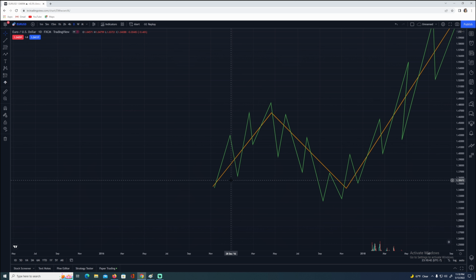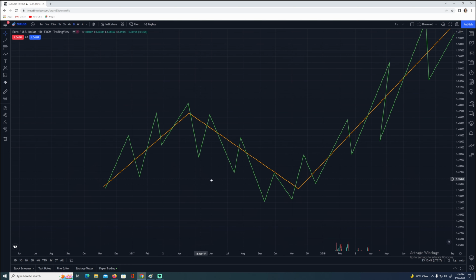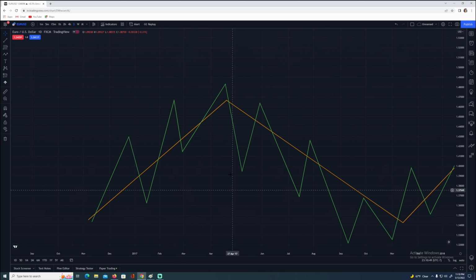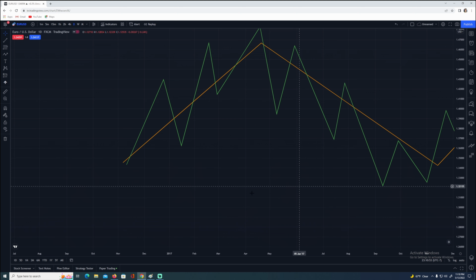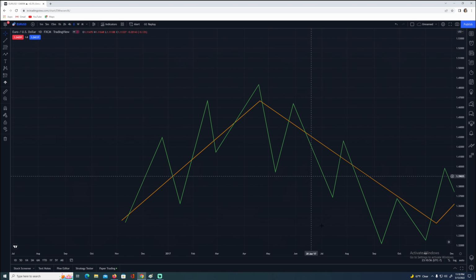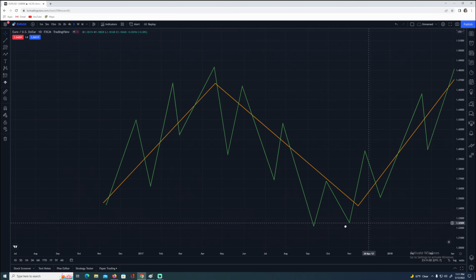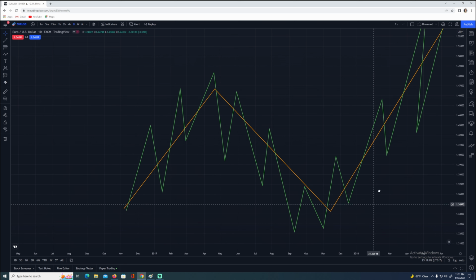So they're going to print this fake structure in the market, this fake break of structure, to trick people into selling this market, to create more liquidity so they can run those liquidities.